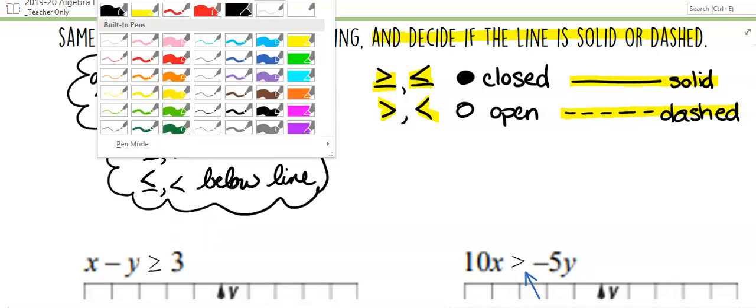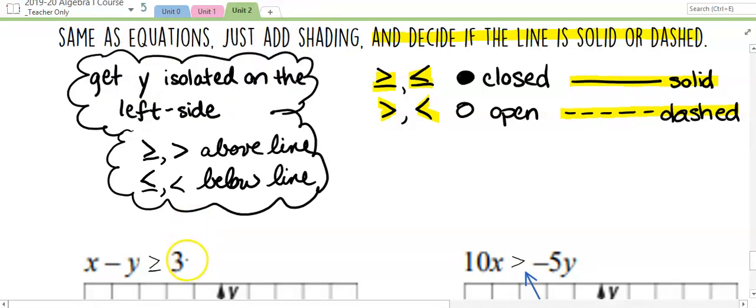So let's do that with this first inequality. I'm just going to rewrite it. x minus y greater than or equal to 3. I'm going to subtract x from both sides. Negative y greater than or equal to 3 minus x.